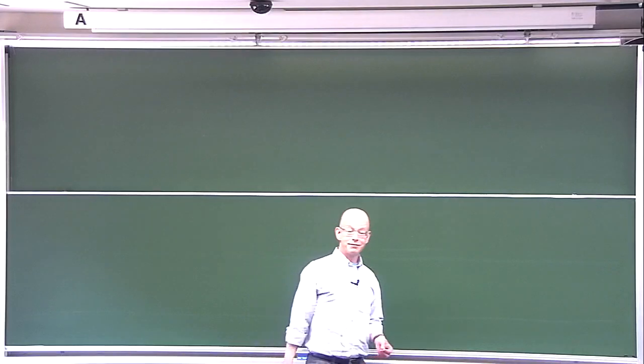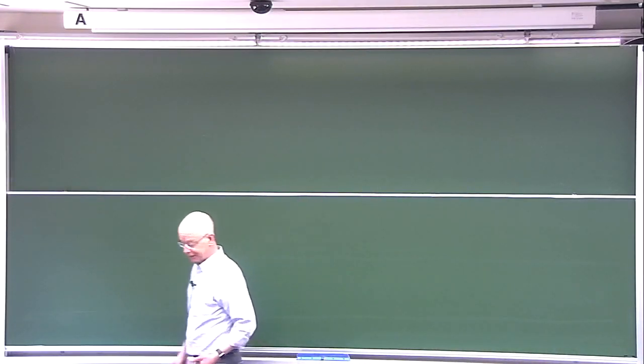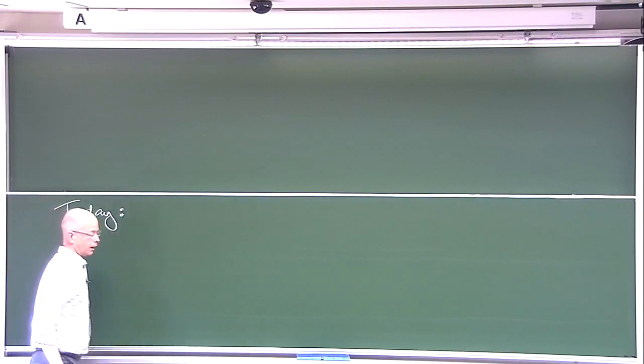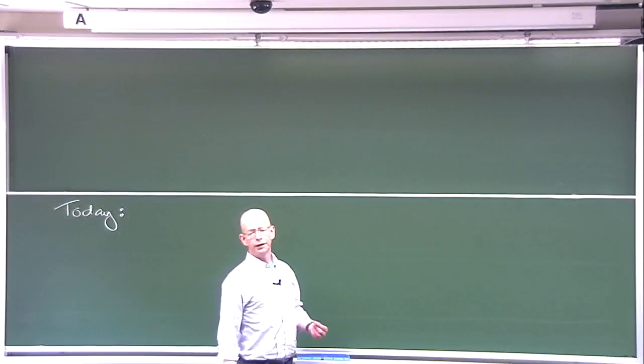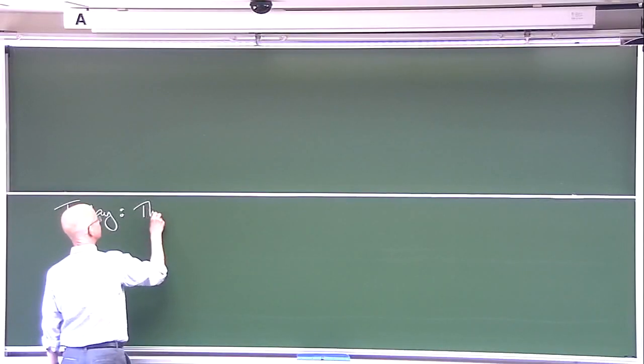Today I want to give an introduction to my lectures. And I want to explain some words to make sure we all understand some things. So we'll begin at the beginning.